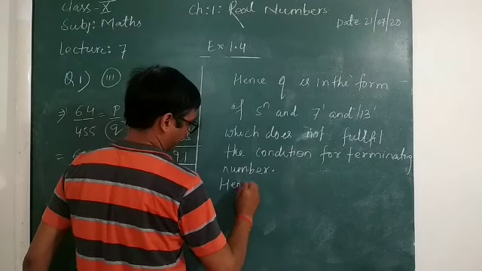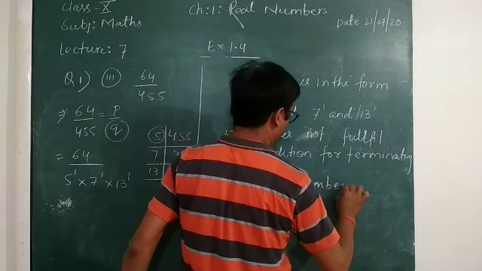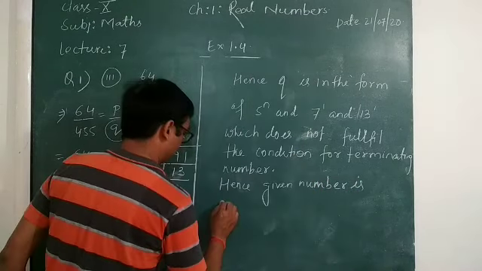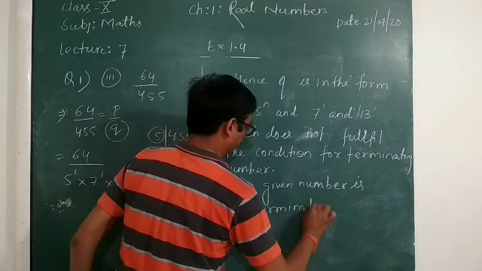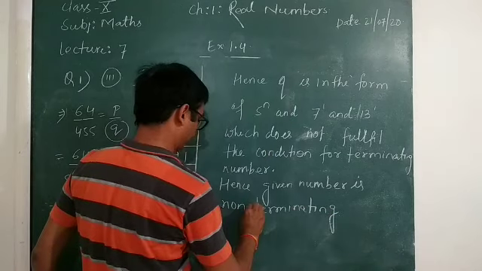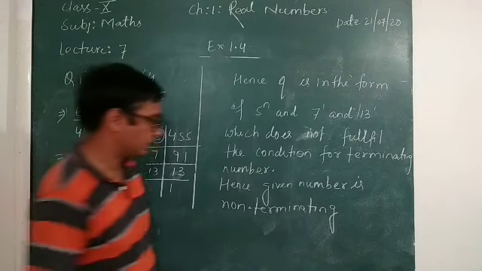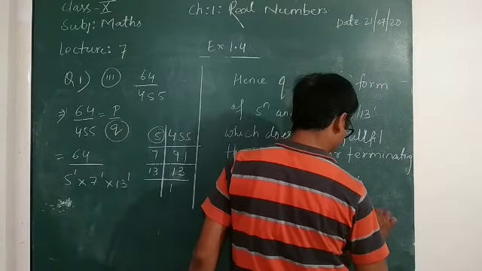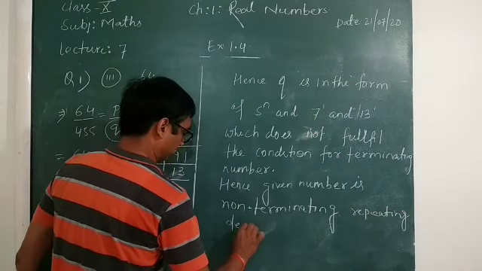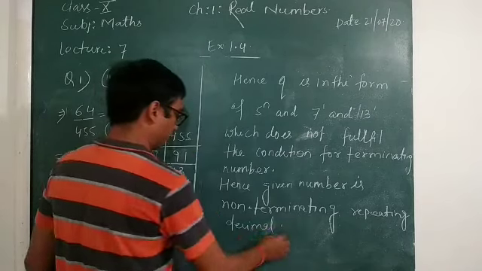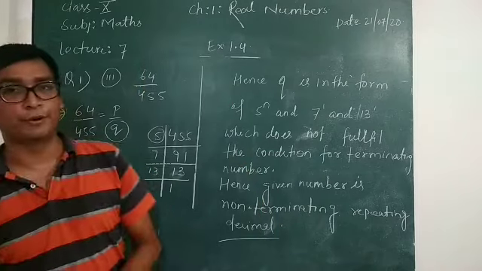Hence, the given number is a non-terminating repeating decimal. Okay, so this is the condition for the non-terminating number.